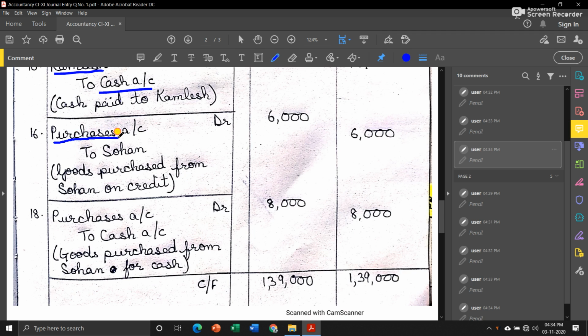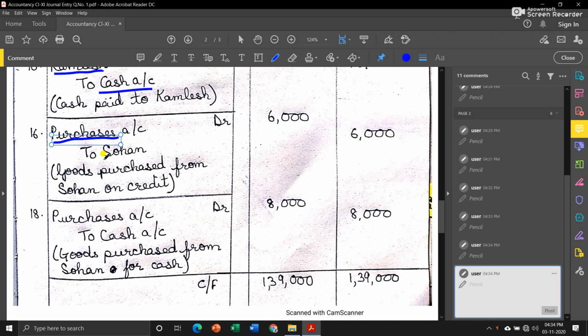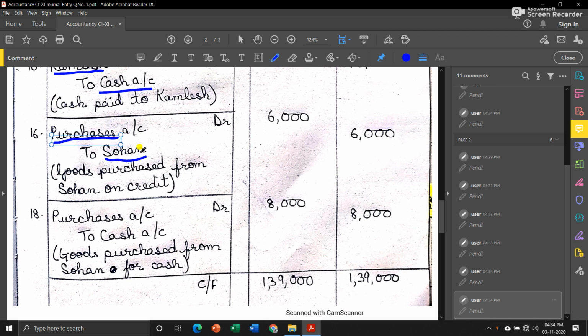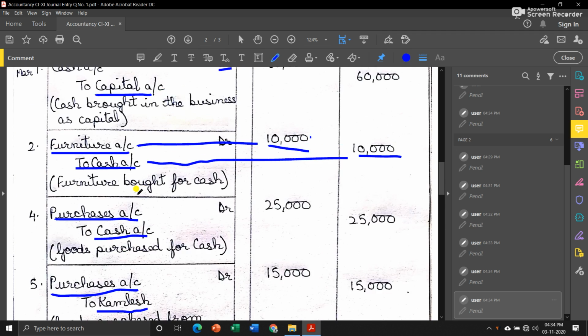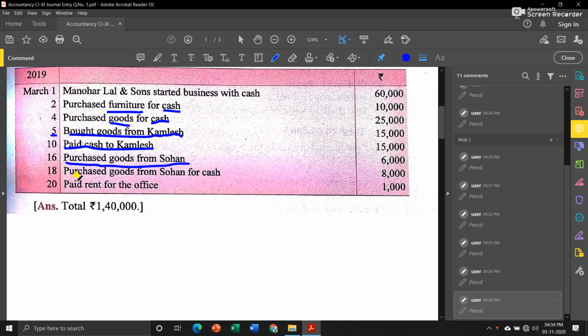Purchases account will be debited as per the rule of nominal account, and Sohan's account will be credited because he is the giver and his account is a personal account. So 6,000 amount we will write in both the columns, and narration will be goods purchased from Sohan on credit.